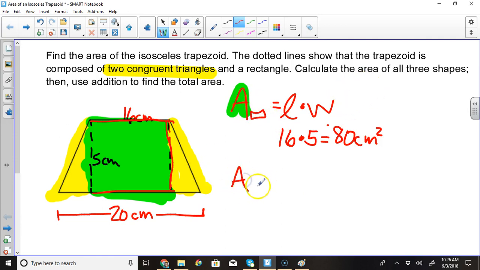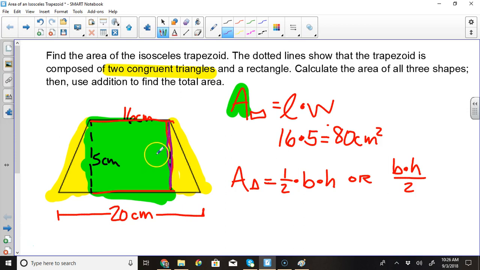Now, the area of the triangle. Area of the triangle is 1/2 times base times height, or base times height divided by 2, depending on how you want to look at it. So now just focusing on the triangle, the height is still 5, and the question is, what's the base here?